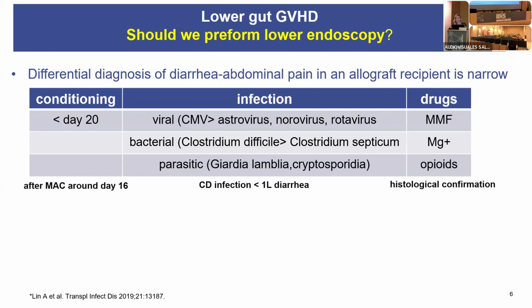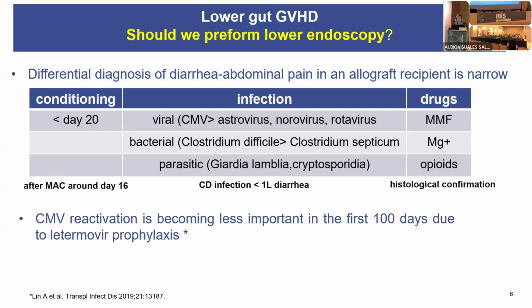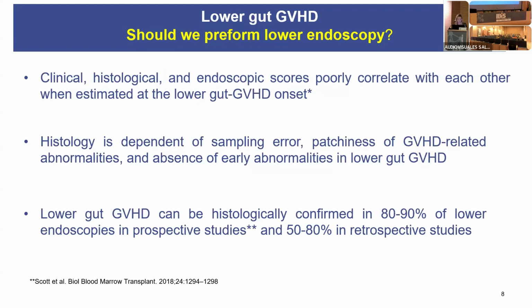Infection is easily excluded because we do the microbiology tests promptly, and usually in GvHD the volumes of diarrhea are higher in comparison with toxicity of drugs. But histological confirmation will do this differential diagnosis if needed. And of course, CMV is becoming less important due to letermovir prophylaxis.